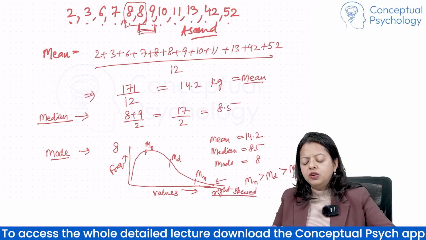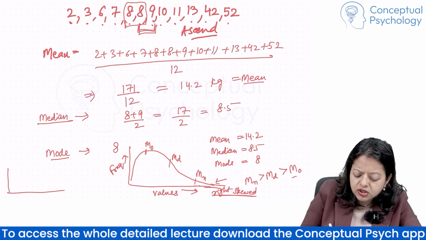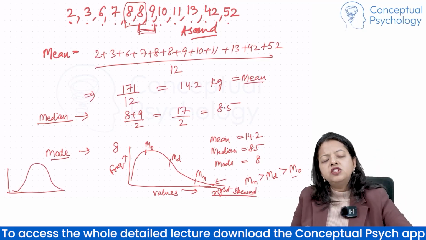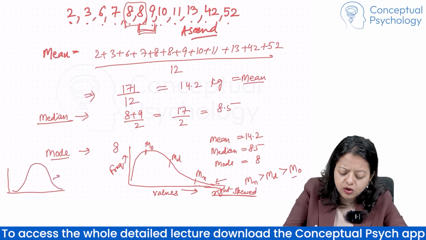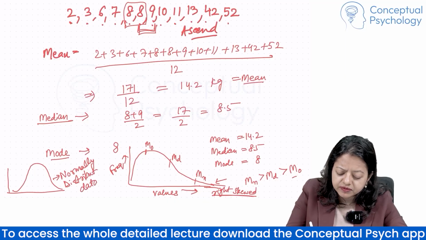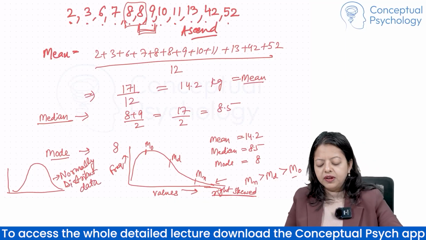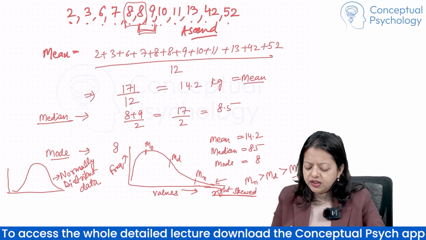Okay. And the normal distribution is when the distribution shows a bell-shaped curve like this. This is normally distributed data. Okay. So that is right-skewed.